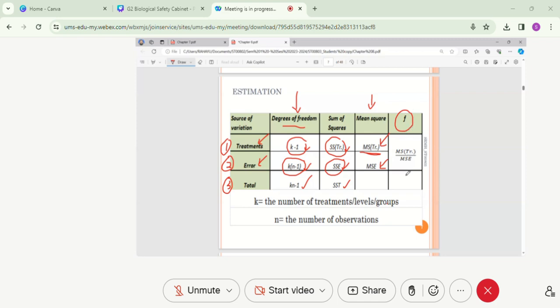And this F statistic will be compared against the F critical value from the F probability distribution, using the degrees of freedom from the numerator and the denominator. So if the F statistic is greater than the F critical value, then we have sufficient evidence to reject our null hypothesis.